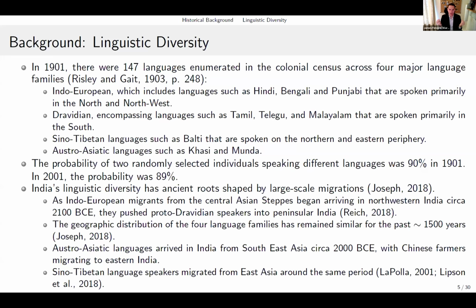Now, that number might sound high to you, and it hinges on something that's going to be of some importance for mechanisms. We're not saying that 43% of the country speaks Hindi. We're saying that closer to 23% of the country speaks Hindi today because we're coding languages like Haryanvi and Bhojpuri as different languages. But when we get to the mechanism section, we'll start showing you that those kinds of lower-level divisions aren't what works as a barrier to migration.